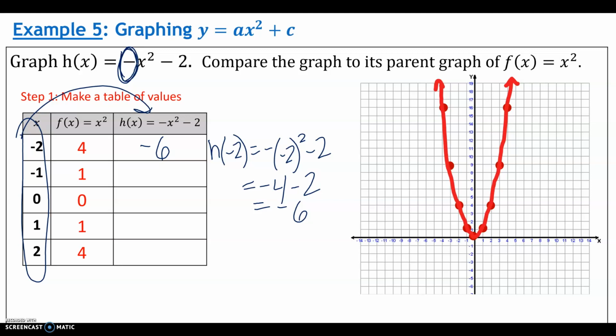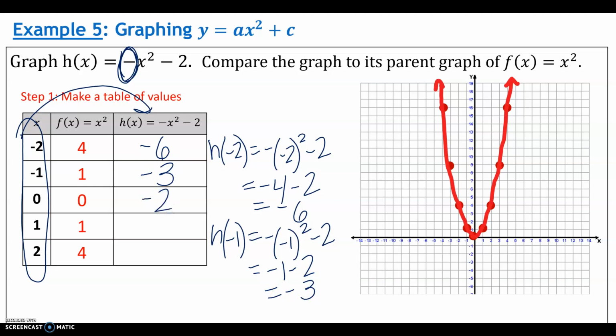That should be a dead giveaway if your graph does not look how it's supposed to look. Let's do negative 1. We get negative, and then a positive 1 minus 2, which would be a negative 3. If we plug in 0, we can mentally do that. You would get a negative 2. Again, by definition of symmetry, these would be the same.